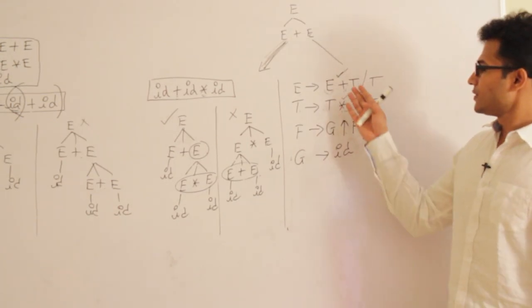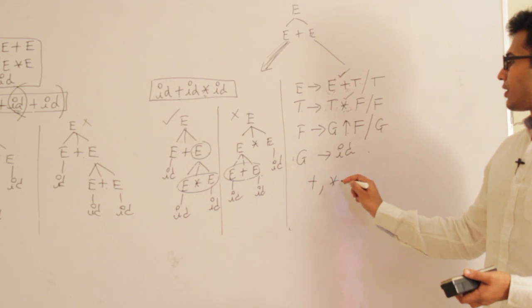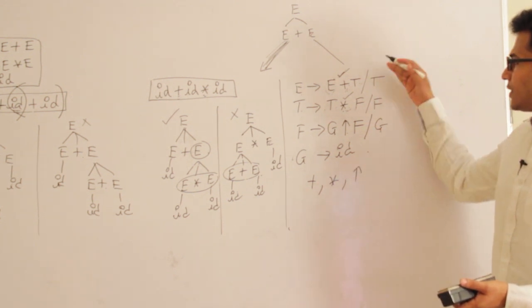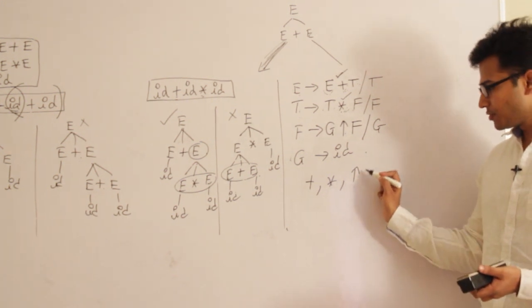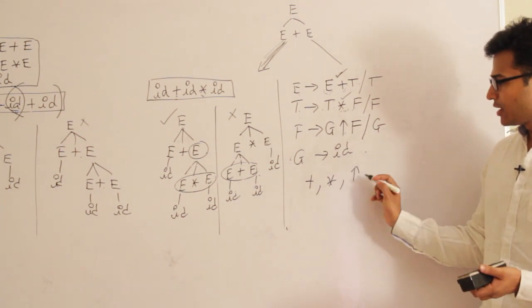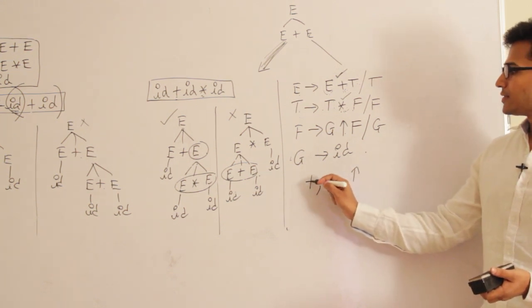See, if you see this grammar, if you have plus, star and raised to the power of in the same expression, which one should get the highest precedence? Raised to the power of, which means it should be generated last, in the last level. It is raised to the power of, right? And then star and then plus.